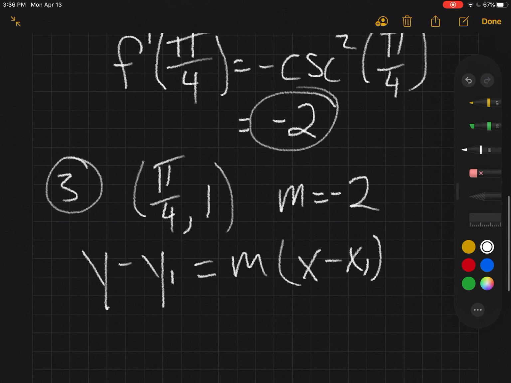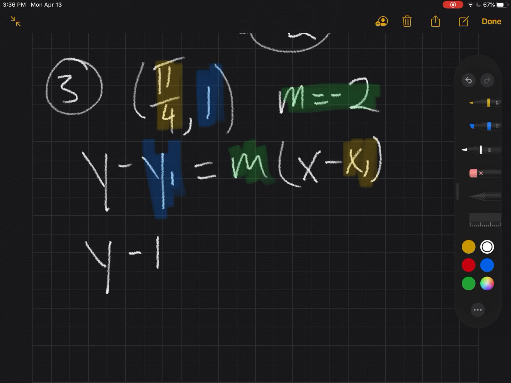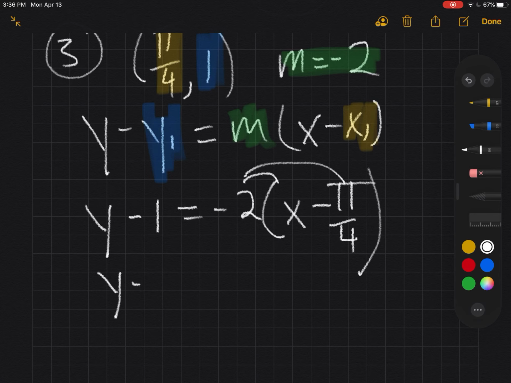So now we have our point, pi over 4, comma 1, and we have our slope, negative 2. We can use the point slope formula and plug in what we need to do here. So the slope is negative 2, that goes here. Our x coordinate is pi over 4, that goes here. Our y coordinate is 1, that goes here.